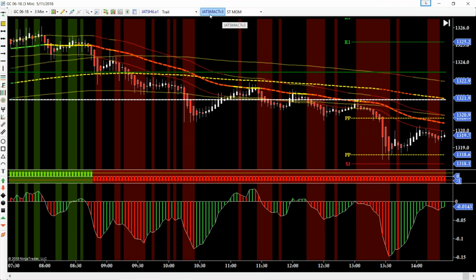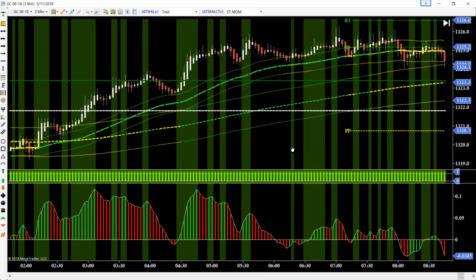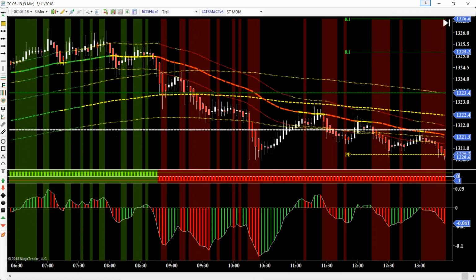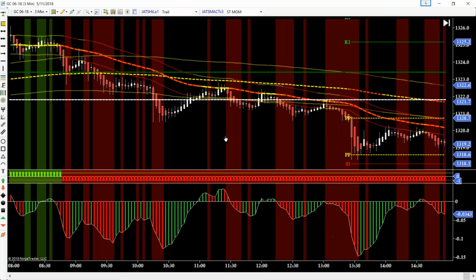This is my Market Analyzer chart template setting. And here's that 3-minute mom that I'm always looking for on the 3-minute chart, up or down, that helps me get in the market up or down. This is why I like trading with it so much. It really helps me time my trades.